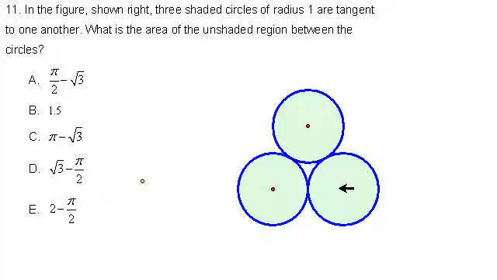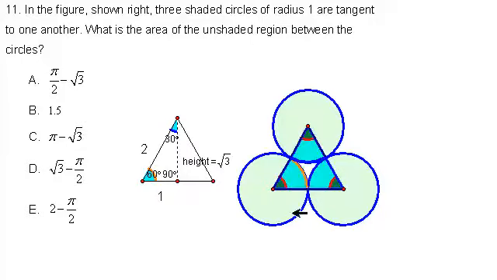I'm going to connect all three centers, and you just watch. This is what I'm going to do. This line is connecting the three centers, and then it creates a triangle which is moved here.